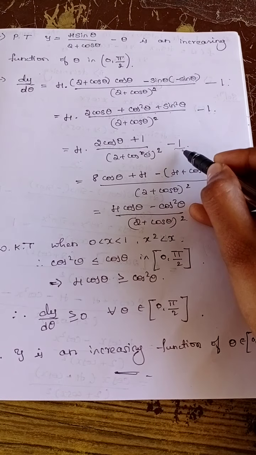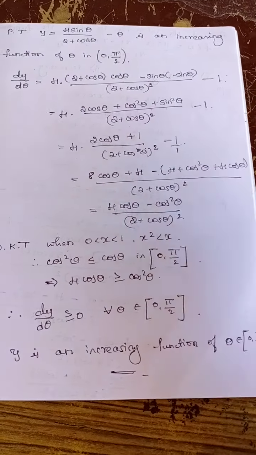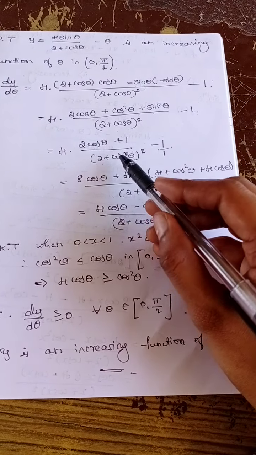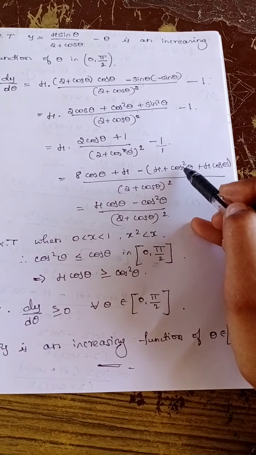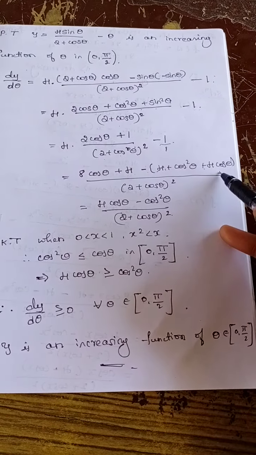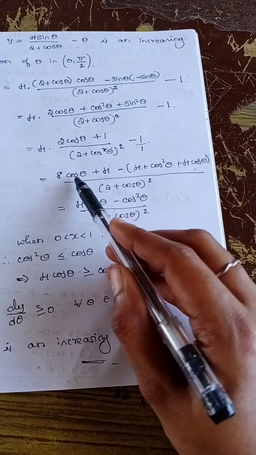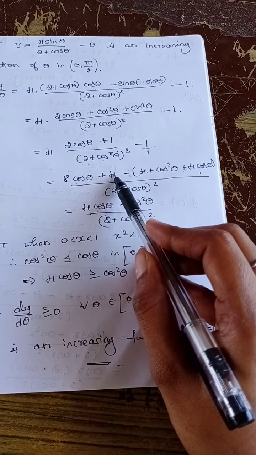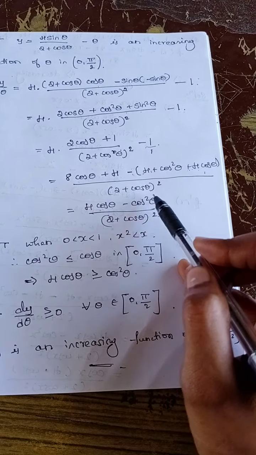Take the LCM, here it is 1, so multiply both numerator and denominator by 2 plus cos theta whole square. 2 plus cos theta whole square is in the form of a plus b whole square, a square plus b square plus 2ab, that is 2 square is 4, plus cos square theta, plus 2 times 2 into cos theta, which is 4 cos theta. 8 cos theta minus 4 cos theta is 4 cos theta, minus 4 plus 4 minus 4 cancel, leaving minus cos square theta, divided by 2 plus cos theta whole square.